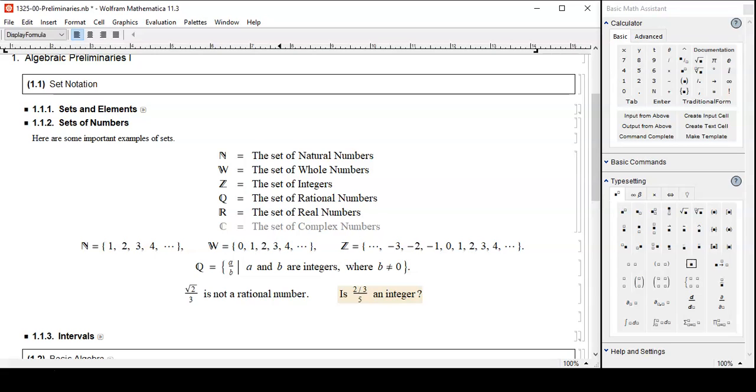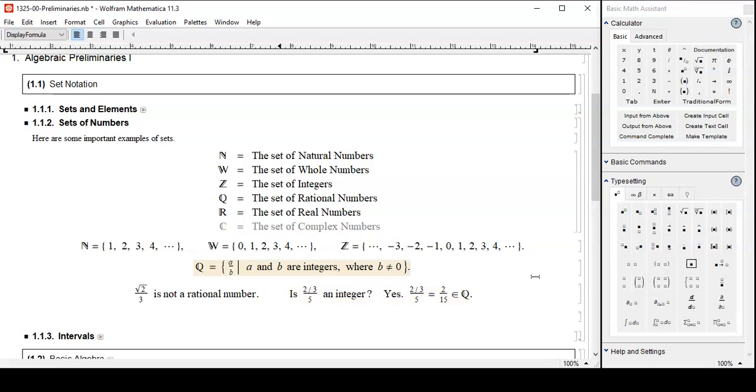But the answer is yes. It can be written as an integer over an integer. So 2/3 over 5, if you simplify, multiplying 3 to both numerator and denominator, you end up with 2 over 15, and that belongs to the set of all rational numbers, integer over integer.